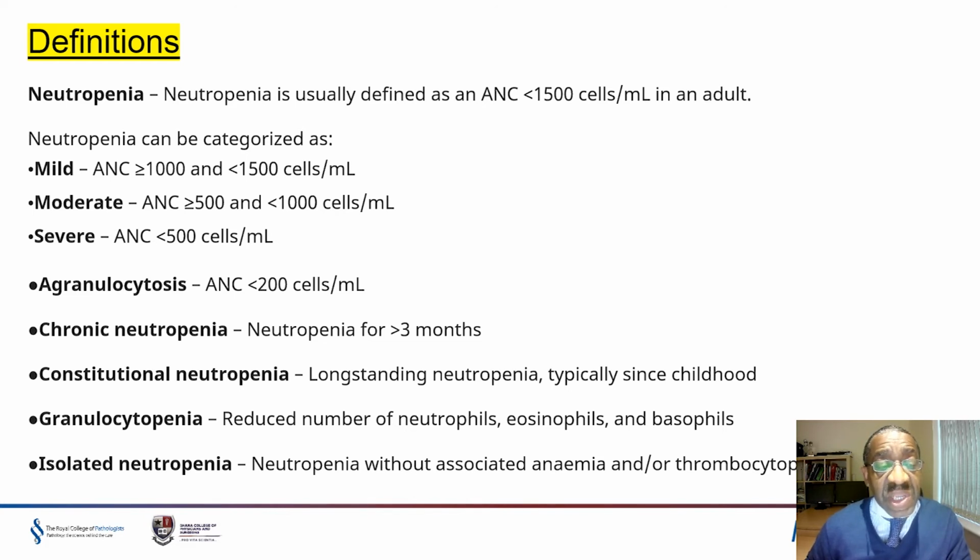Chronic neutropenia is explained by neutrophil counts that are reduced for greater than 3 months. Constitutional neutropenia tends to suggest a congenital or inherited neutropenia, and isolated neutropenia means that there is no associated anemia or thrombocytopenia.